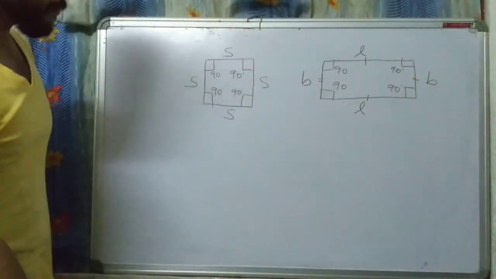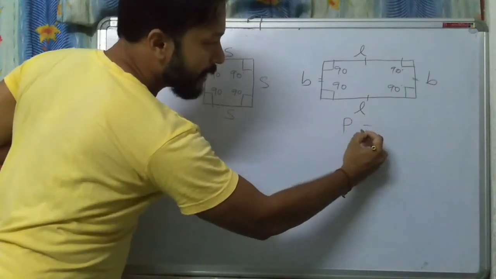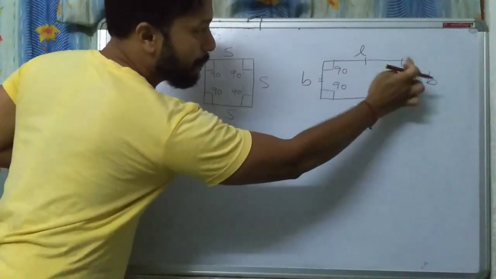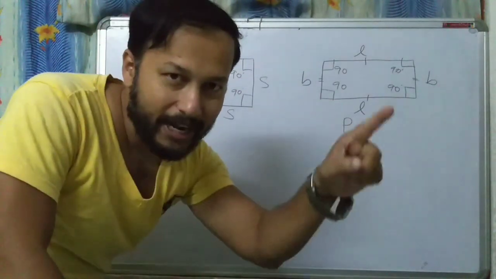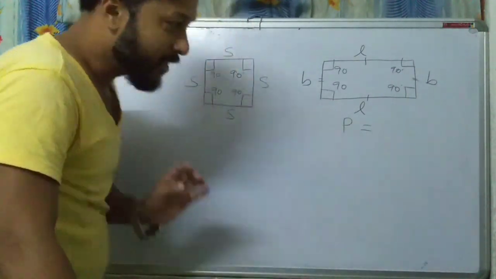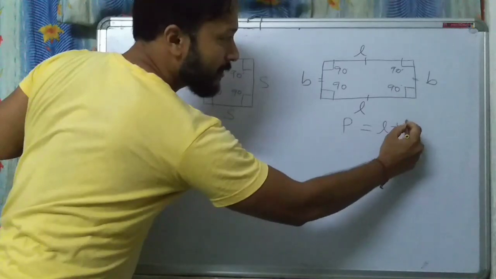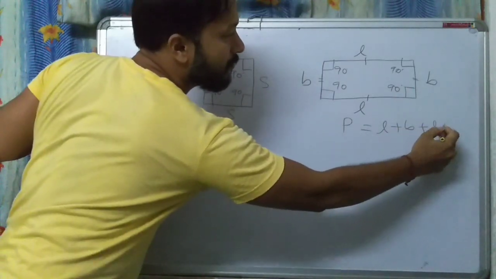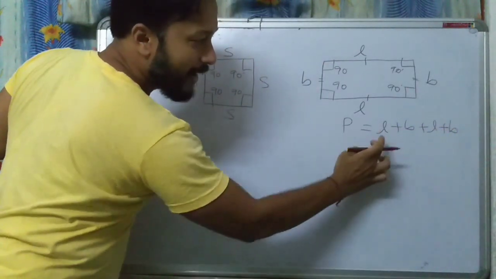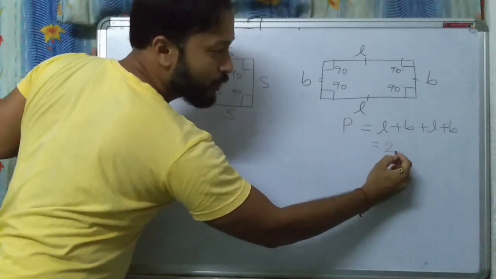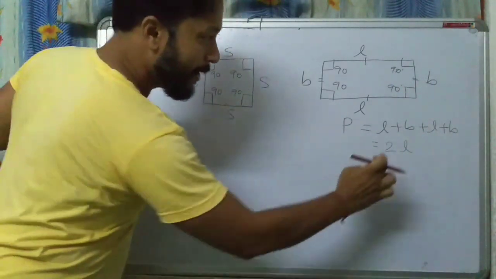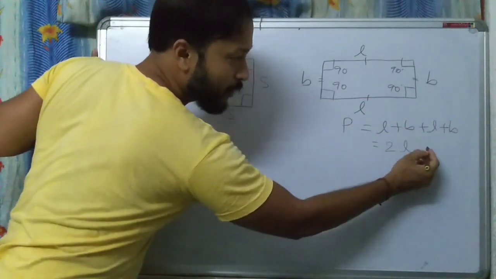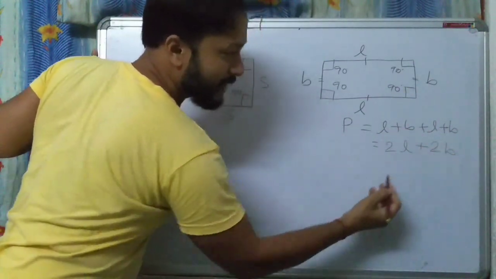So what is the perimeter of these figures? Perimeter equals length plus breadth plus length plus breadth. I am adding all the sides. So length plus length, 2 of length, 2l, breadth plus breadth, 2 of breadth.